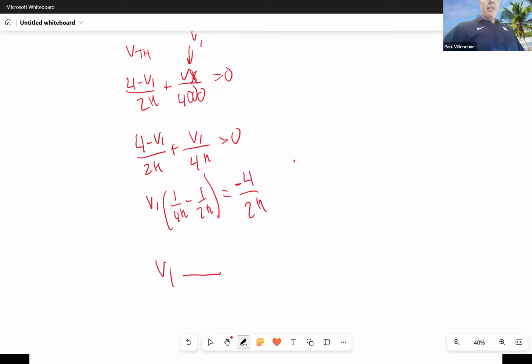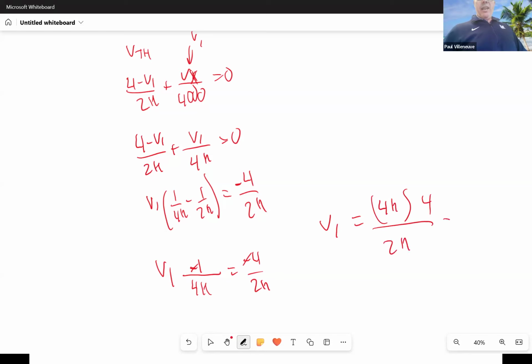The common denominator here is 4K, and we have 1 minus 2, so negative 1 equals negative 4 over 2K. The negative signs will cancel, so V1 will equal 4K times 4 over 2K, which is equal to 8, right?